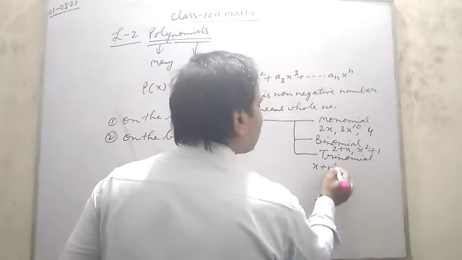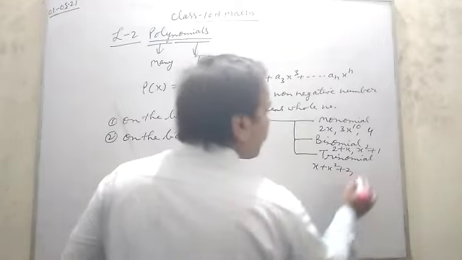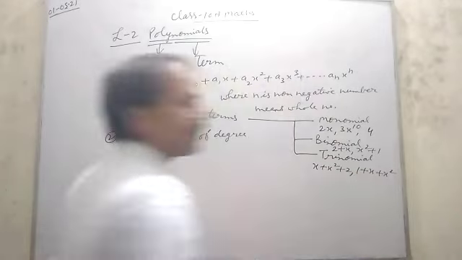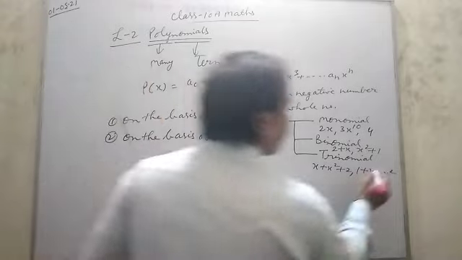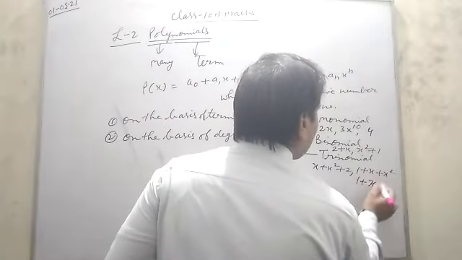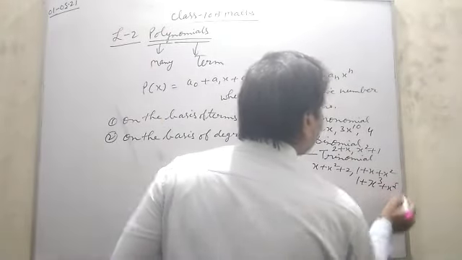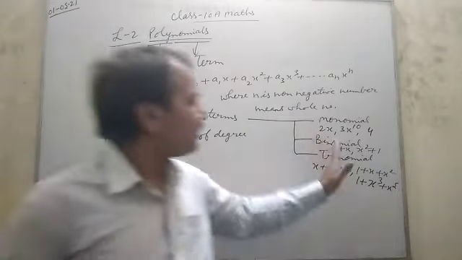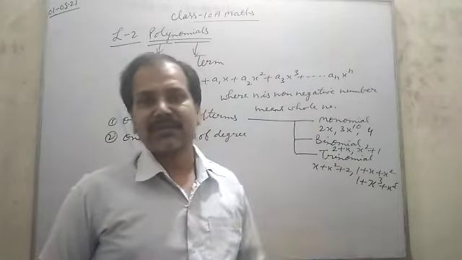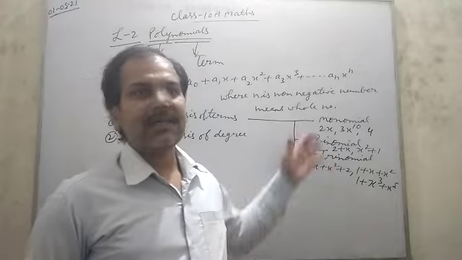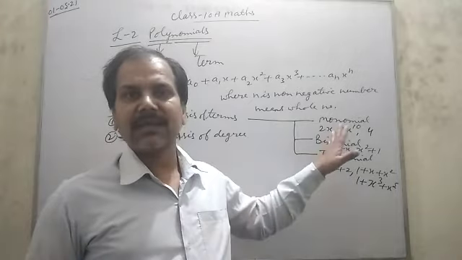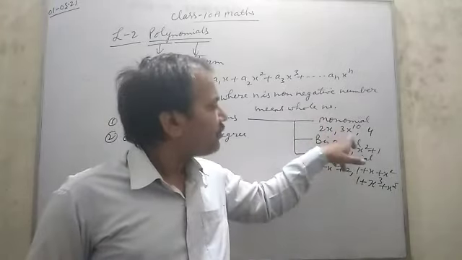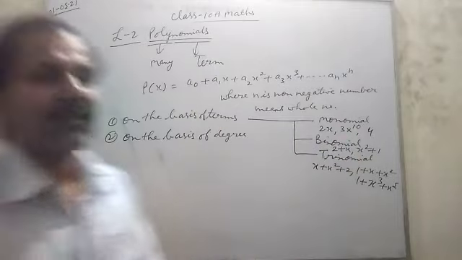Trinomial: x plus x square plus 2, 1 plus x square, like that, or 1 plus x cube plus x power 4. On the basis of terms we see only the number of terms. What their degrees are does not matter, we count their number of terms only.